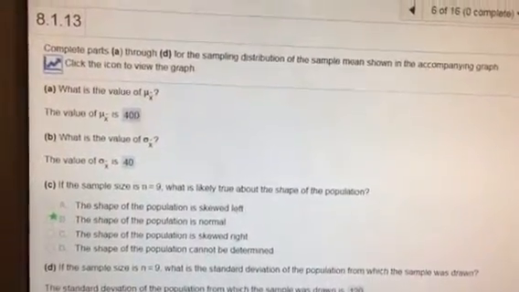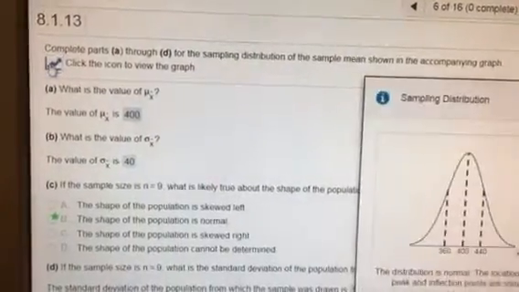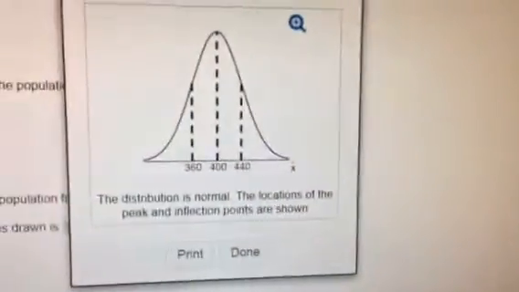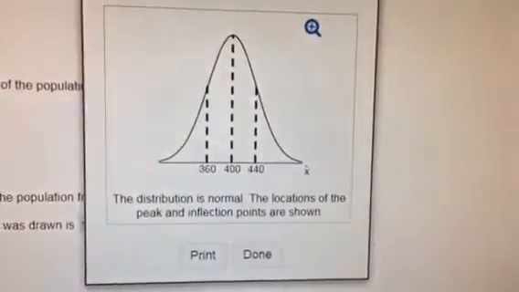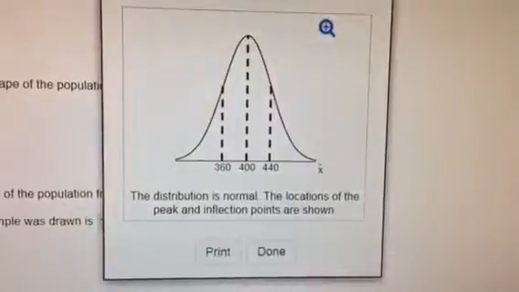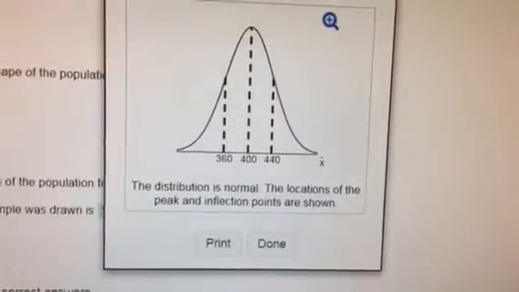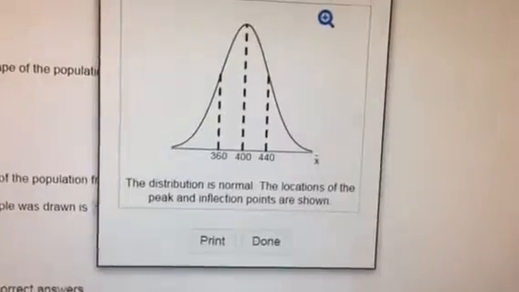Now, there is a box that says click the icon to view the graph. So we can look at this graph. Notice it's normally distributed. The mean is always in the middle, so the mean is 400, and then we have one standard deviation above the mean, which is 440.